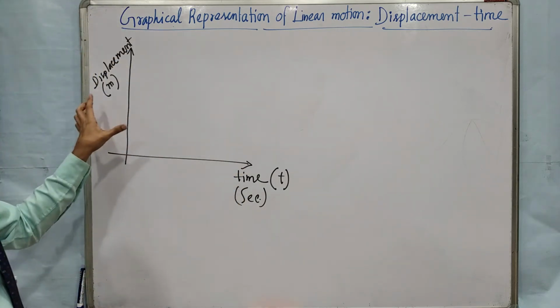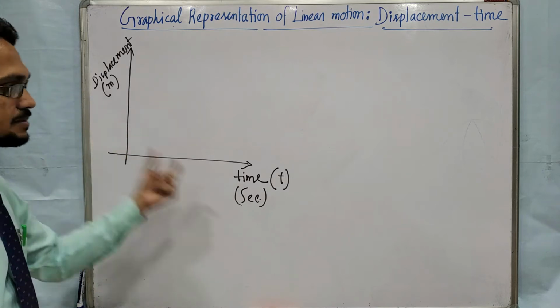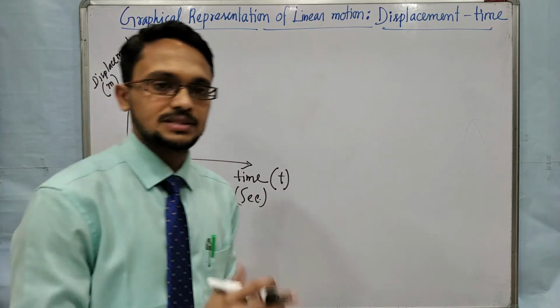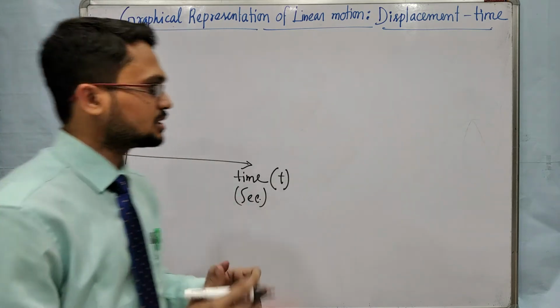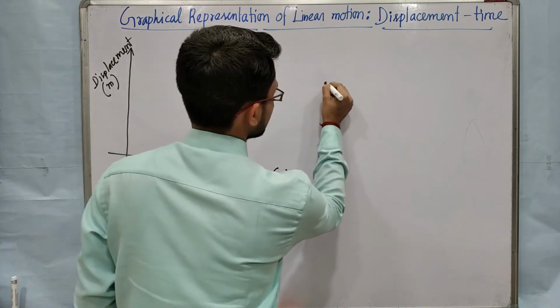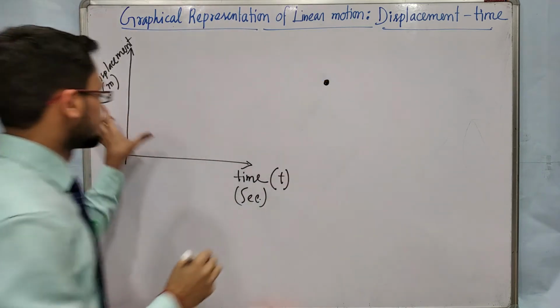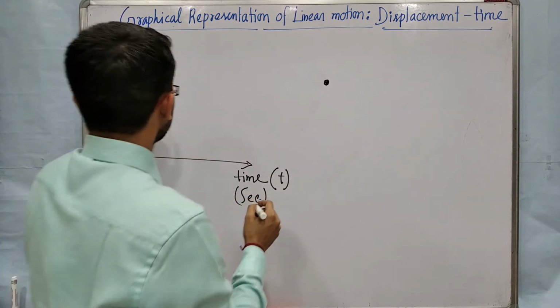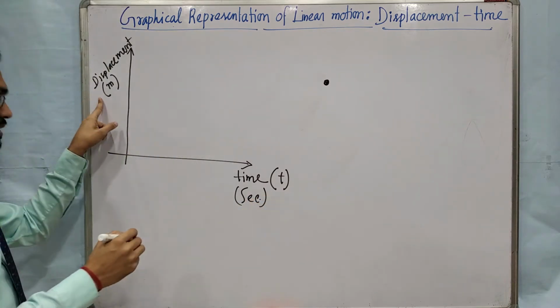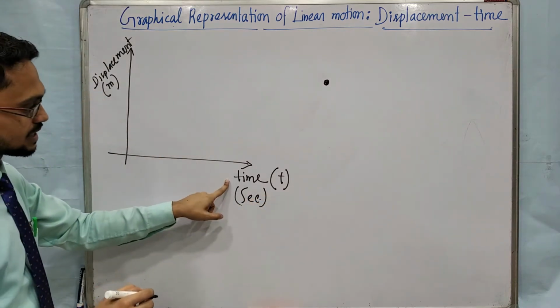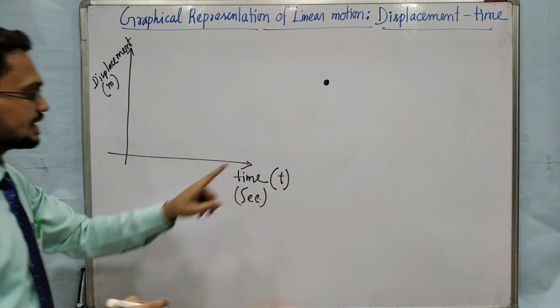Now from this displacement time graph, which physical quantity can we get? Another physical quantity that we can calculate from this type of graph is the ratio of the physical quantity along y-axis to the physical quantity along x-axis.